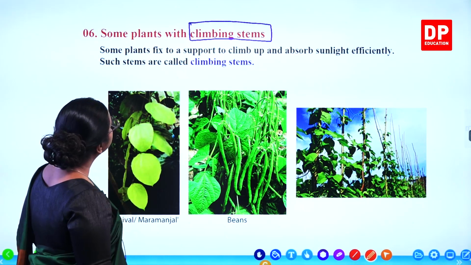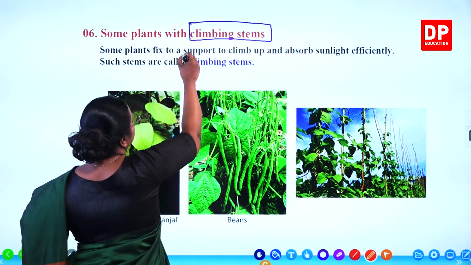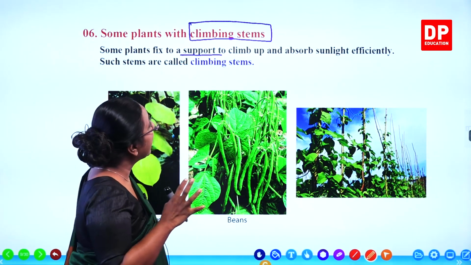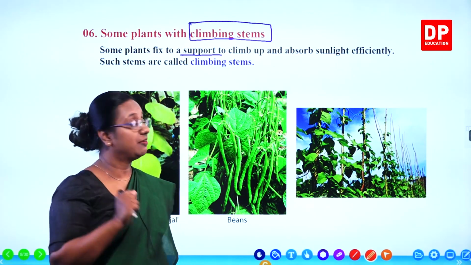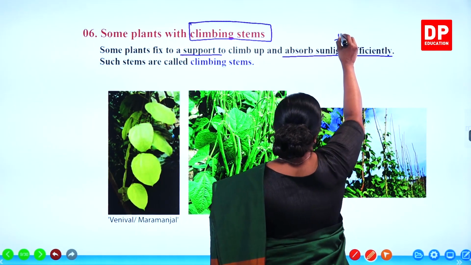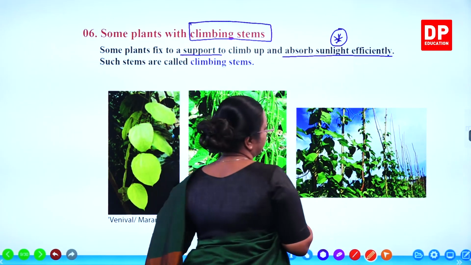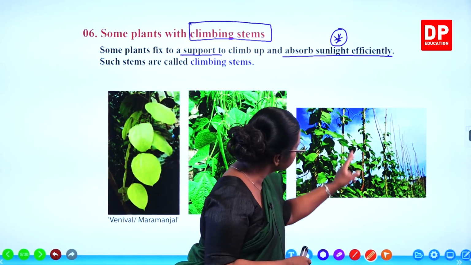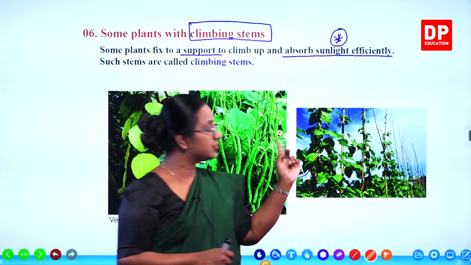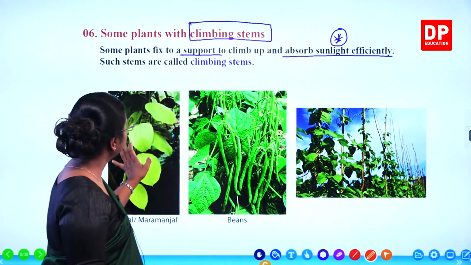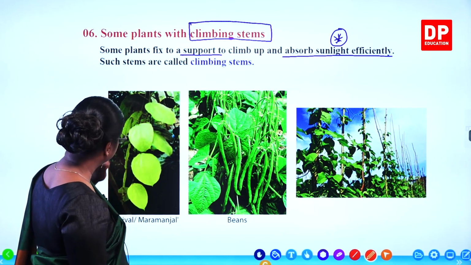Some plants fix to a support. So it has to be a support or a substrate to climb up and absorb sunlight efficiently. So the reason is to absorb sunlight efficiently. That is why they do that. So here you can see the sticks there, and around those sticks the climbing stem grows. So that is the climbing stem.